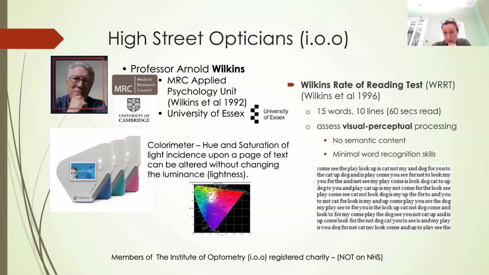You can then do this very specific Wilkins rate of reading test, which is 15 basic words repeated on 10 lines, with no semantic content, and you are assessed on how many words you read correctly. Quite often lines are skipped, which contributes to the overall score of your reading rate.